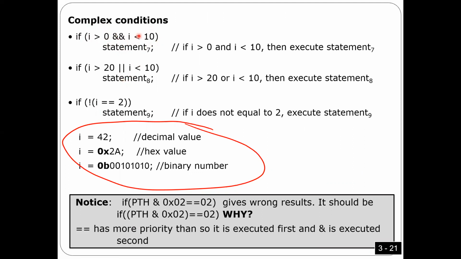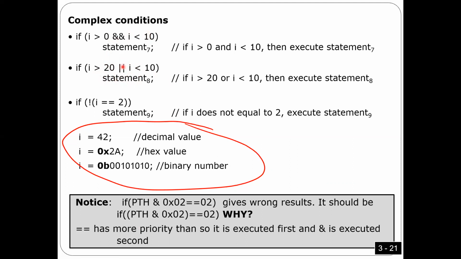Both of them should be true: I should be greater than 0 and it has to be less than 10. Here I put two conditions, and then in the middle I put or. When it is or, that means I want to execute the body of if when at least one condition is true, because this is or. At least one.